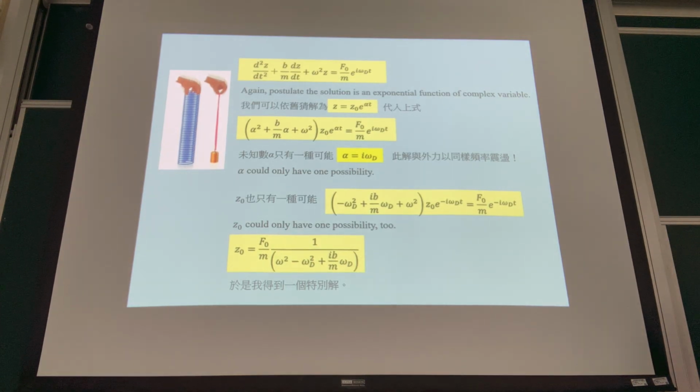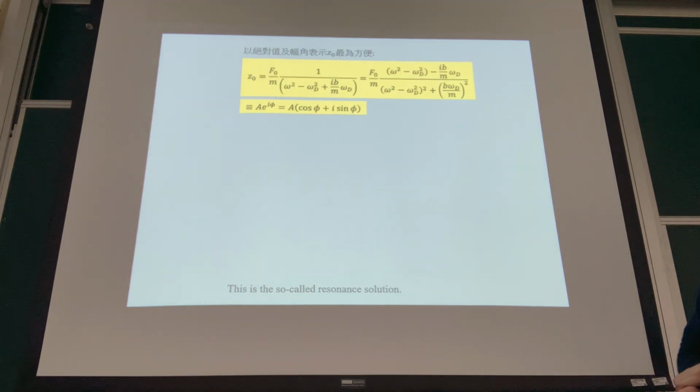So we're done. We got one solution. This is the so-called resonance solution. Okay, it may not be very obvious to you why this is the resonance solution. So I urge you to go home during your spring break to check. It will appear in one of our problem sets.